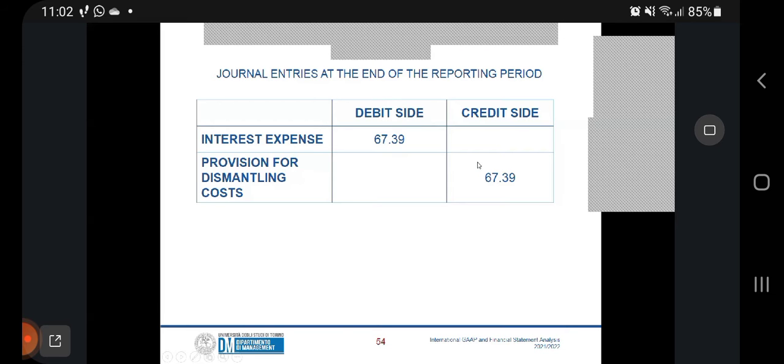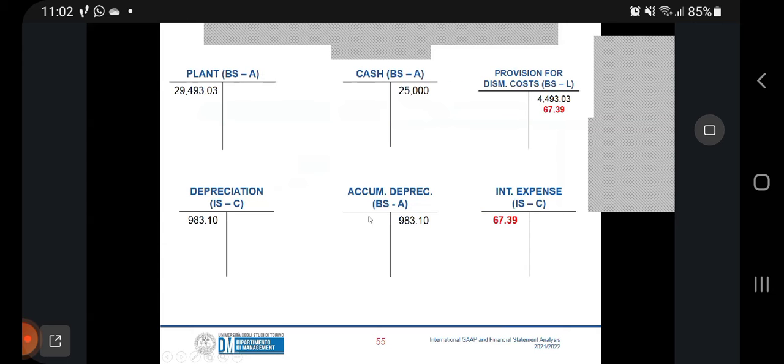Interest expense according to IFRS 9, and then provision for dismantling costs 67. Updated the account: interest expense, income statement costs, and then increase of the provision for dismantling costs for 67, balance sheet liability side.